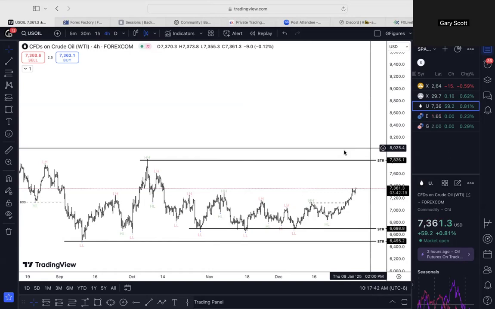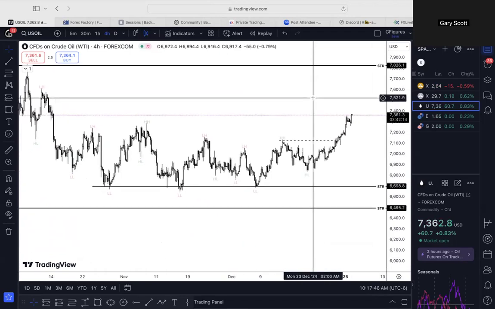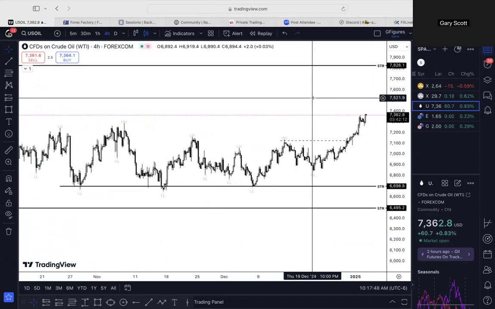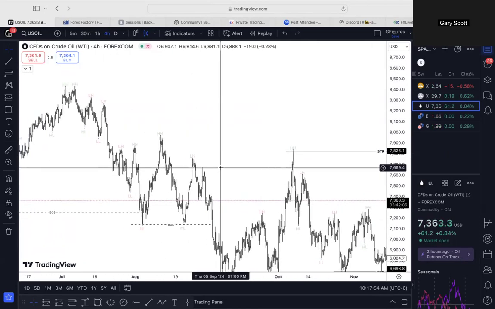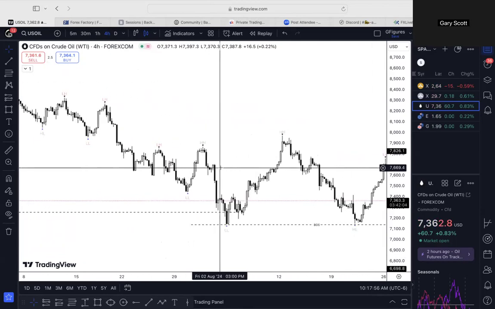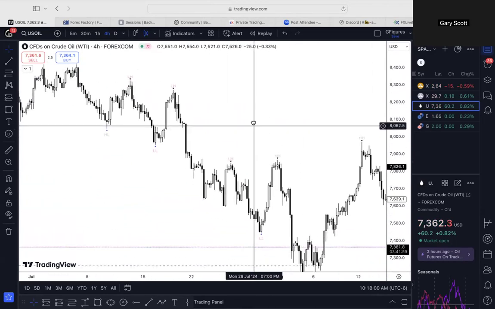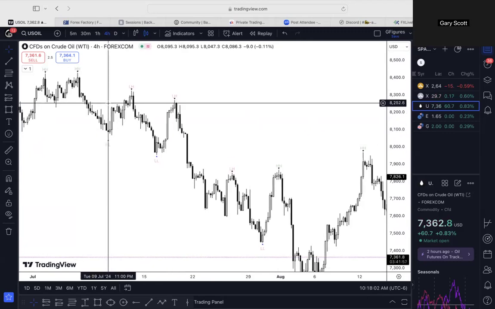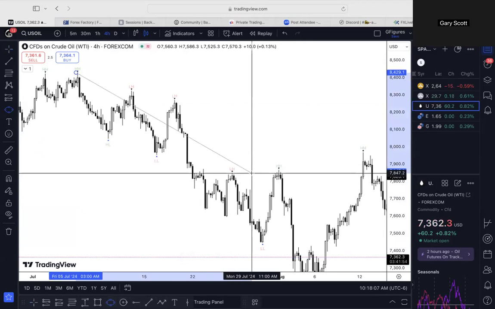All right, let's move on and let's actually go into real time and see how these moves are being created in the market. Let's just say we start here. We're going to start with oil. Can anybody tell me what trend we are in here?